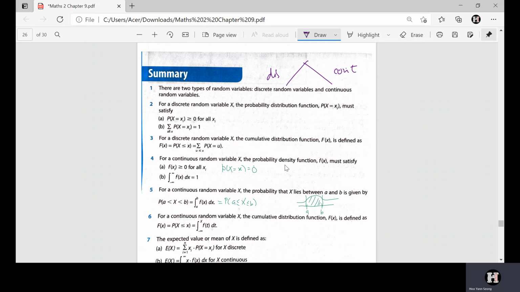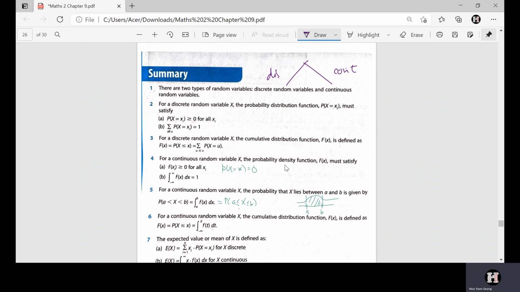So basically, the way to find the probability, the cumulative distribution, the expected value and the variance are all different, because of the nature of these two random variables.